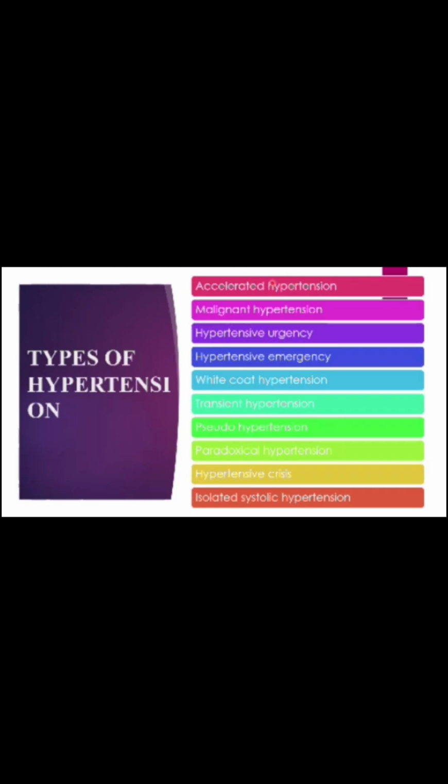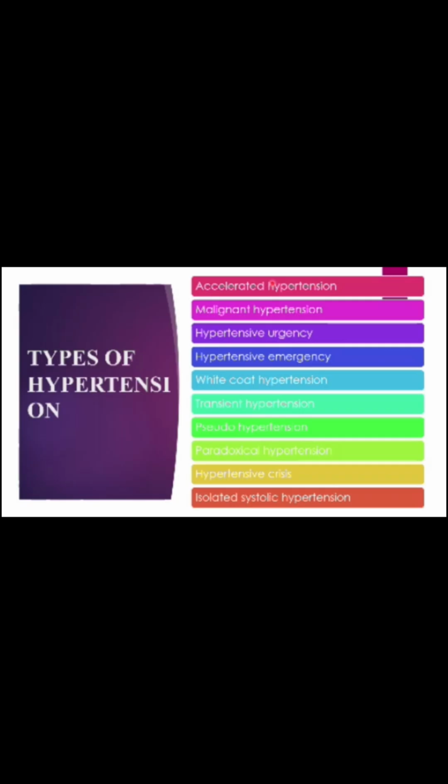Suppose the previous BP of a person was 130 by 80 mm of Hg, but recently the BP is more than 140 by 80 mm of Hg or 170 by 100 mm of Hg. This sudden increase of BP is called accelerated hypertension.